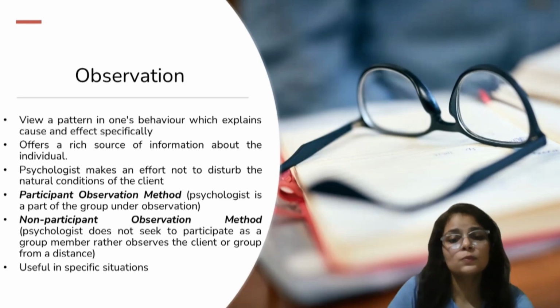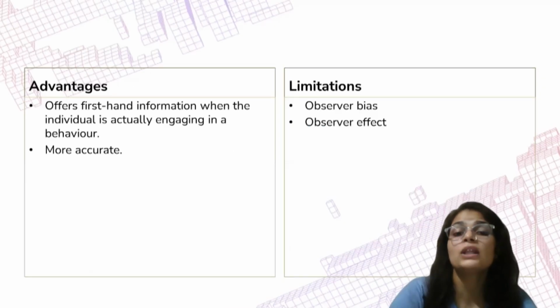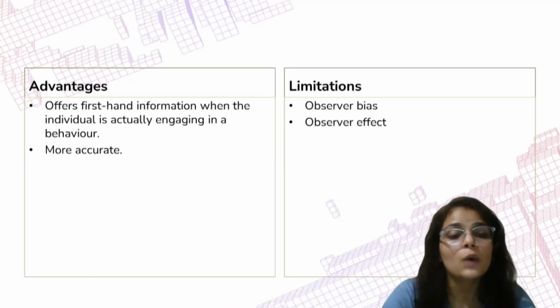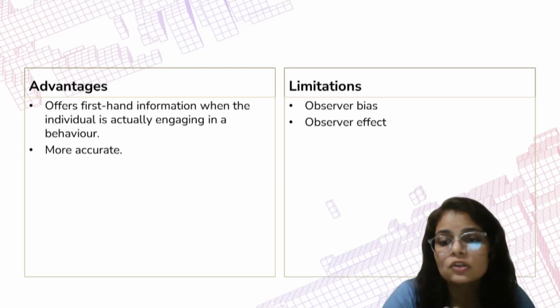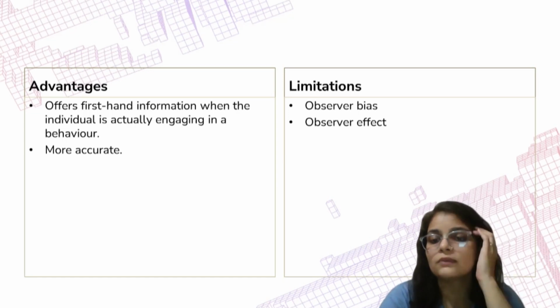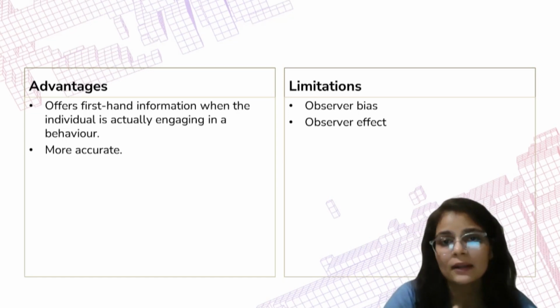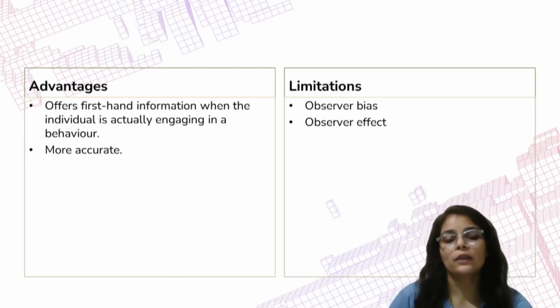It is very useful in various situations. Moving ahead with the advantages and the limitations. Advantages: it offers first-hand information. So being a participant or a non-participant in the observation, it helps in providing first-hand information. You are not taking data or observation from any other source, but you are taking it yourself. So it tends to be more accurate.